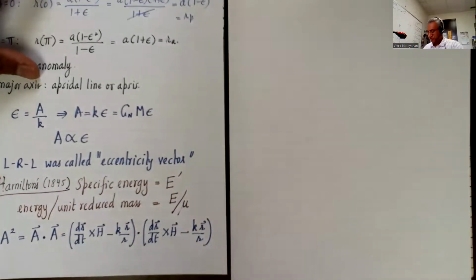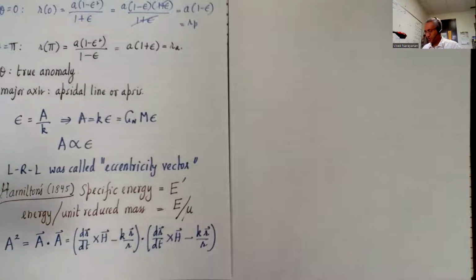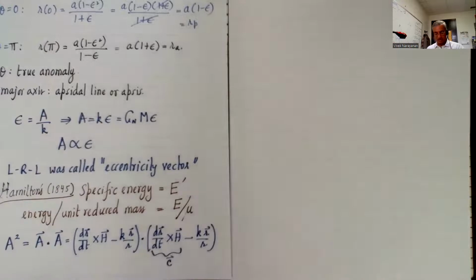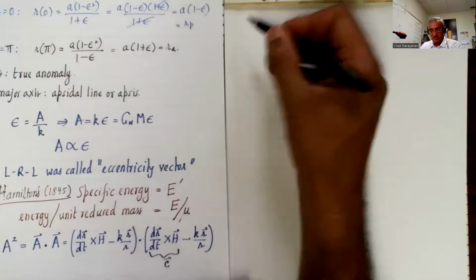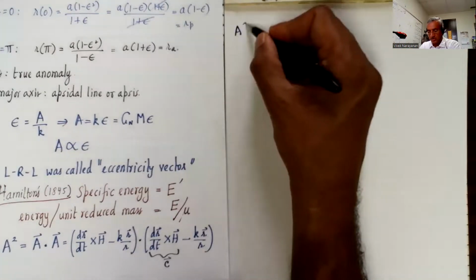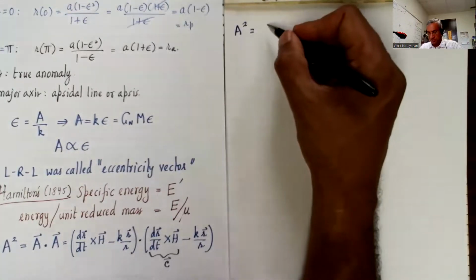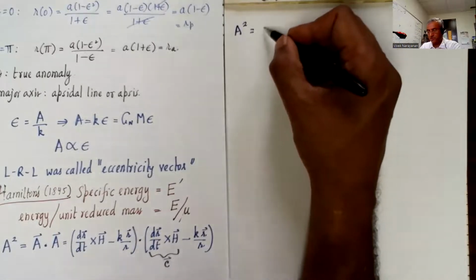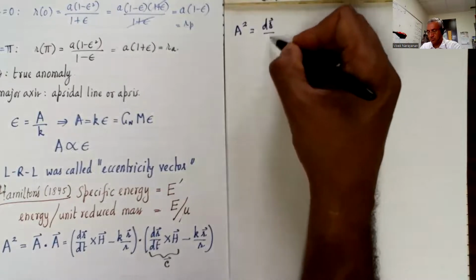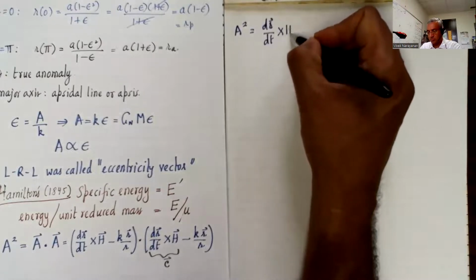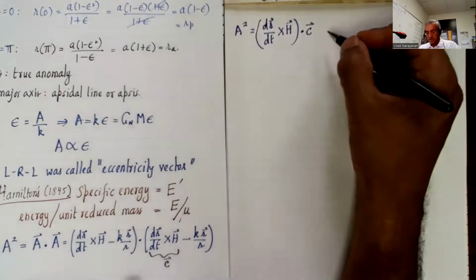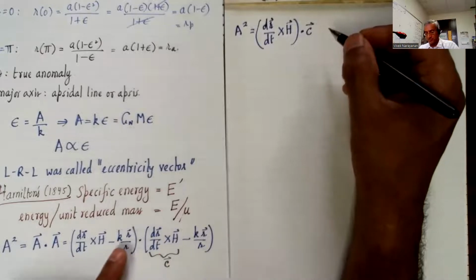Now, just to aid me in not becoming cross-eyed, I'm going to call this the vector C for a little bit. Okay, then A squared equals (dr by dt cross H) dot C. And then I'll look at this term.